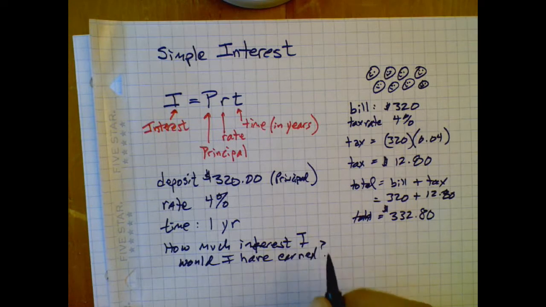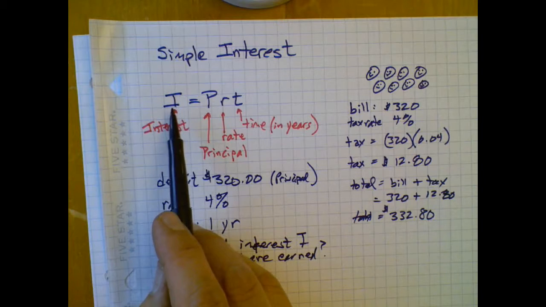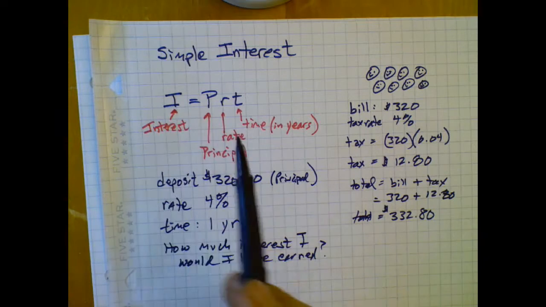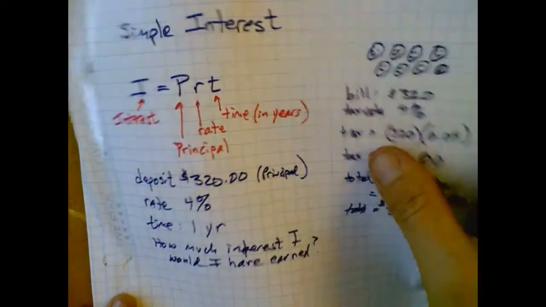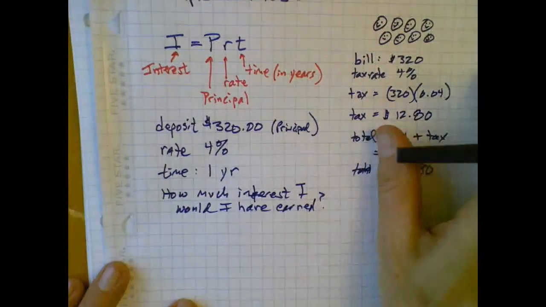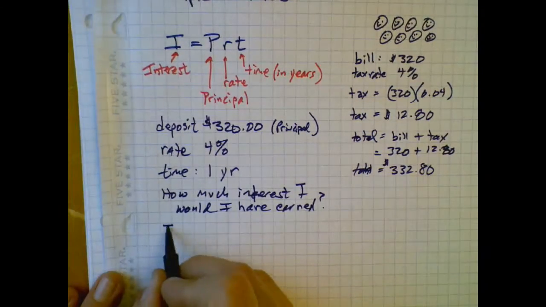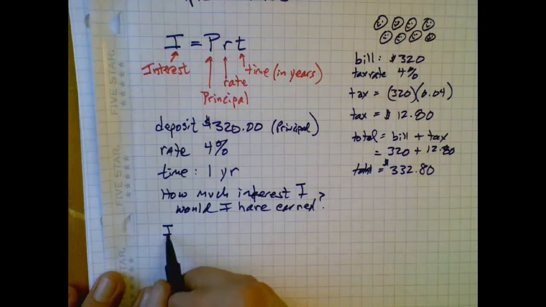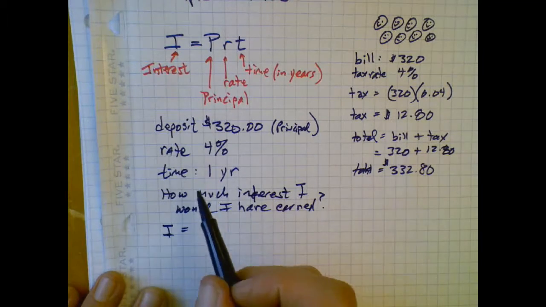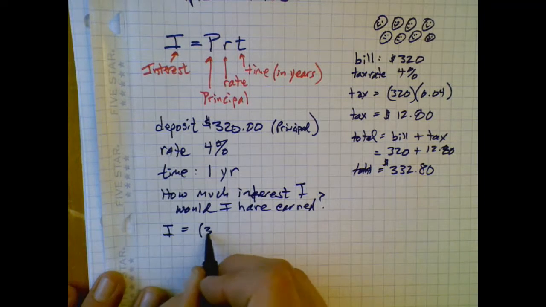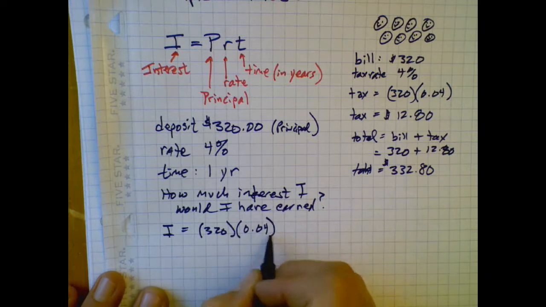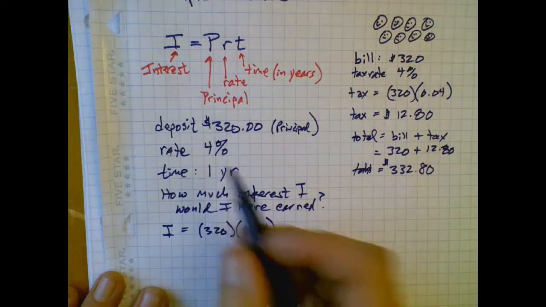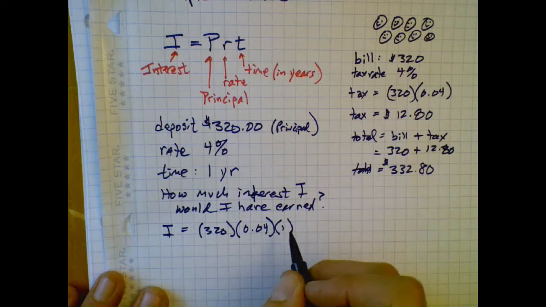Well, conveniently, I have a formula here that's telling me if I want to find the interest, all I need to do is multiply the principal times the rate times the time. So in this case, my interest, because that's what I want to find out, is equal to the principal, which is what I deposited, $320, times the rate, 4%, which is the same thing as 0.04. And my time is 1 year.